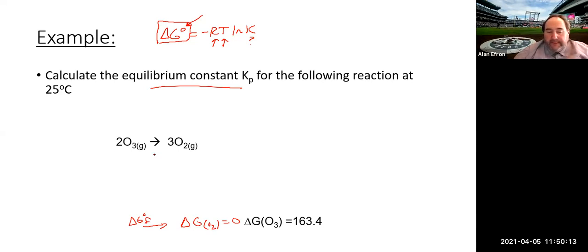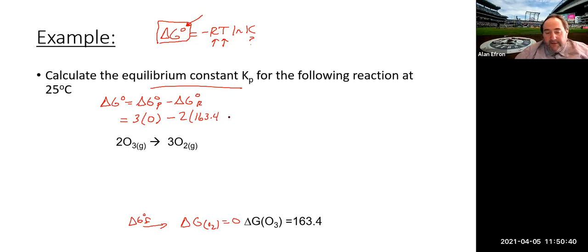We're going to basically calculate that by taking our products minus our reactants. Remember that we do need to take the coefficient into account when we do that. So on our product side, it is O2, and that would then be 3 times 0, minus our reactants, which would be 2 times the value of O3 that we would find in that table, which is 163.4.